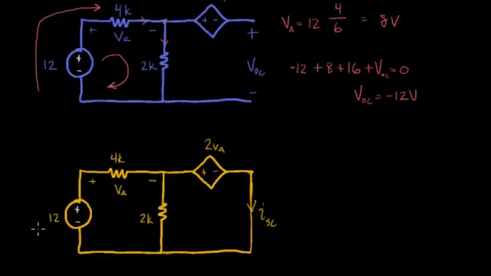But once again, I can go around the outside of the loop, and I'll have one equation and one unknown. I know this is VA, and that's 2VA. So let's do that. We'll do KVL on the outside.